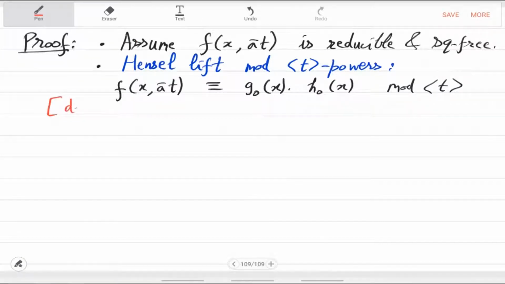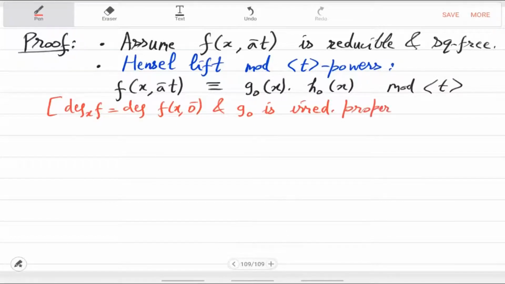So degree of f is degree of f(x, 0 bar), and G0 bar is an irreducible proper factor, co-prime to H0.